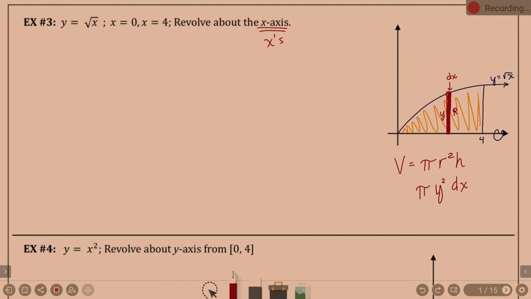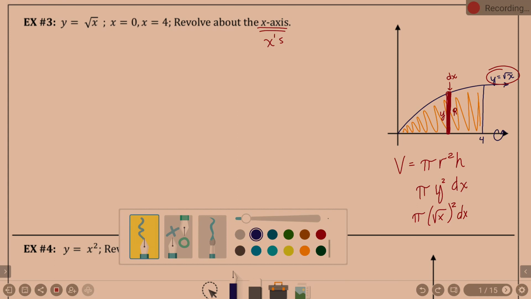And here's the deal. Are we working in y? No. What are we going to put in place of y? It's going to be the square root of x, squared, dx, because y is equal to the square root of x. Are we okay with that setup? Okay, well, let's go.